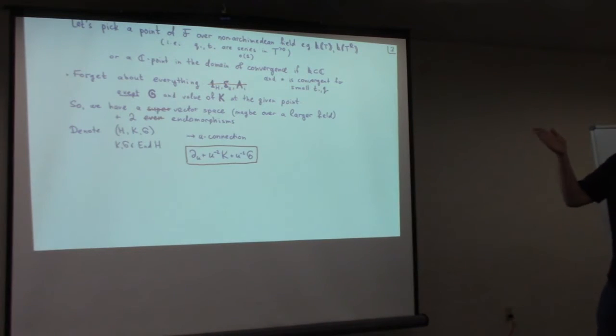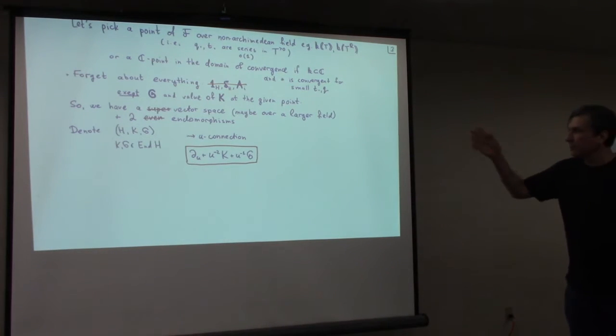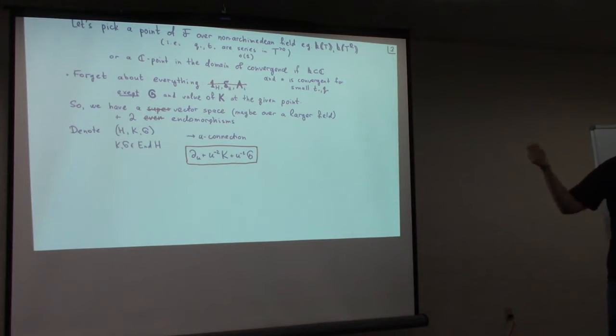And super will play absolutely no role. One can forget about the super, just take the direct sum of two vectors, the even part. Yeah, so that's the basic object of linear algebra for a moment. It will be a vector space, so super can be forgotten, and two endomorphisms, and then it gives you a connection on a trivial bundle. So that's the central object in all the story, this connection of this special form.